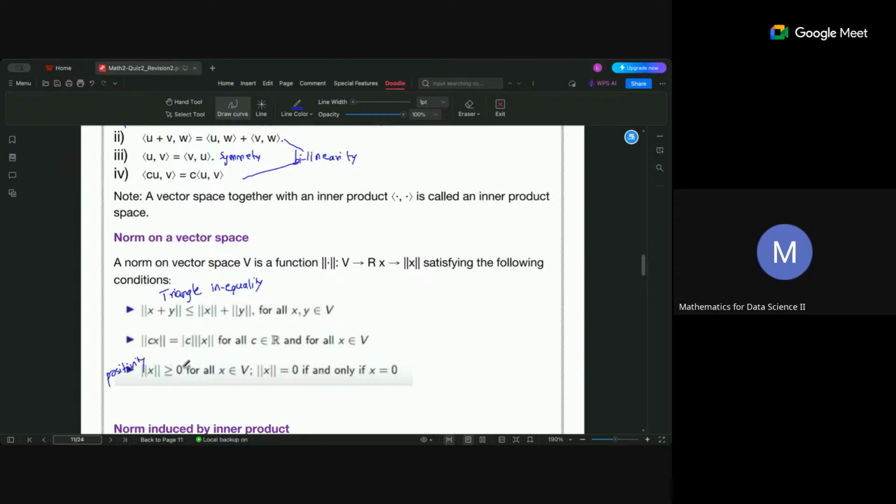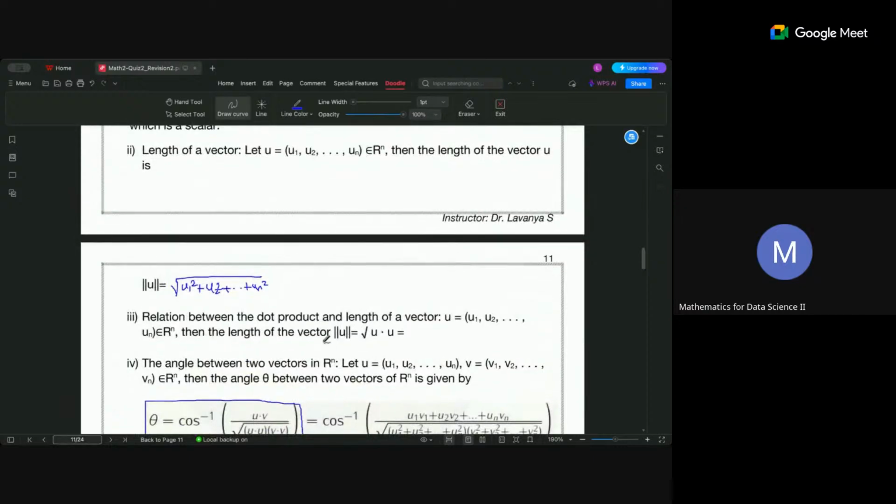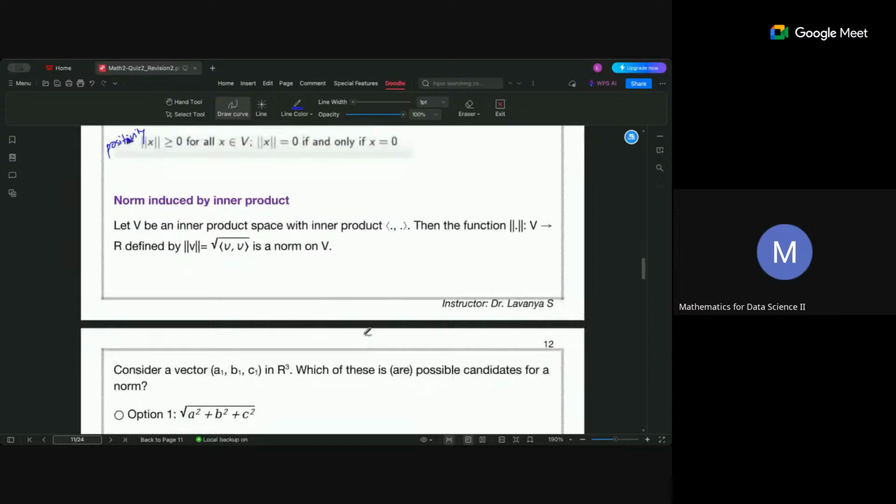If all these conditions are satisfied by a function from V to R, then we call such a function a norm on the vector space. So what is the relation between norm and inner product? Just like we had a relation between norm and dot product, we have the same relationship for norm and inner product. The norm of V is the square root of the inner product V comma V.